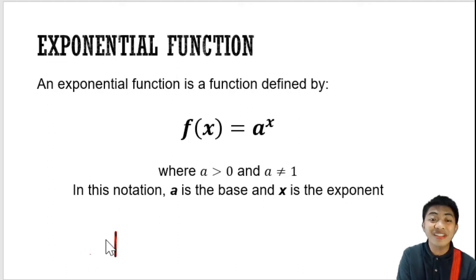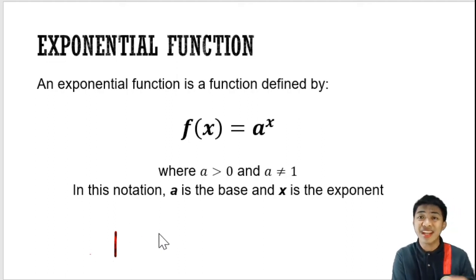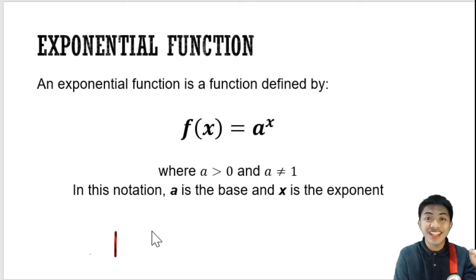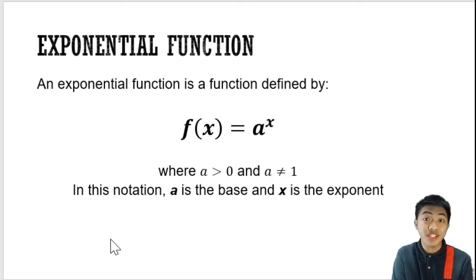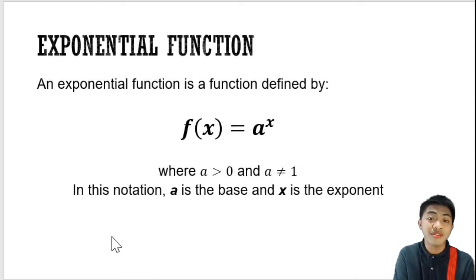And kung ang i-raise mo ay 0, the answer is 1. If you're going to raise it to a positive exponent, the answer is 1. So, boring siya actually kasi if you're going to make a table of values at kung i-graph mo yan, ang graph niyan ay horizontal line. So, yun. Ang graph kasi ng exponential function is a continuous curve.